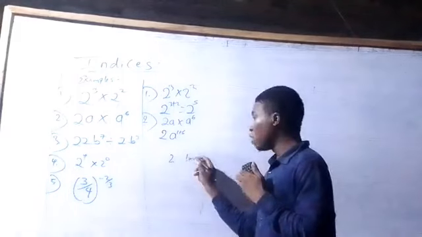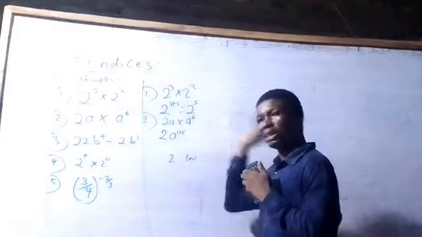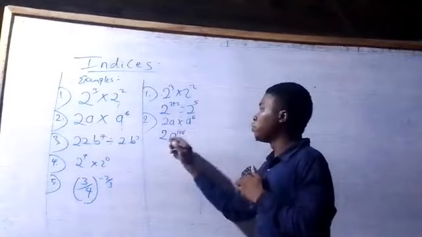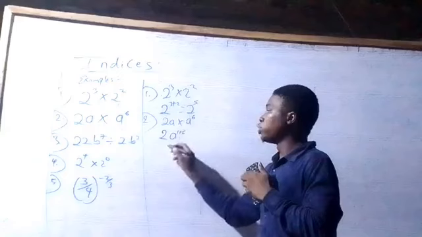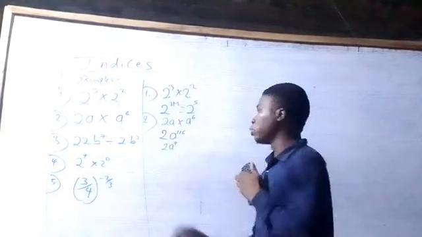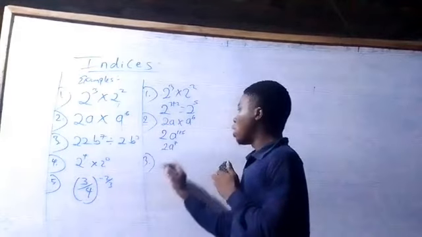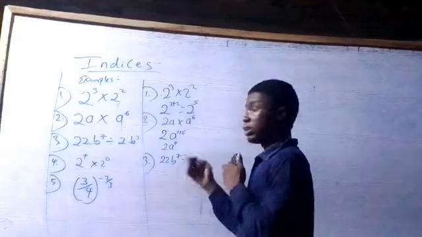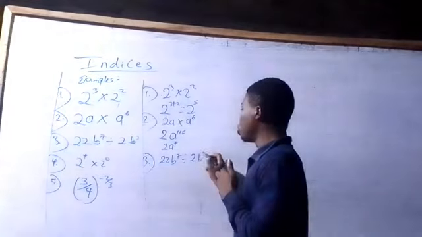If you see 100 that does not have power, it's raised power 1, because n raised power 1 is the same thing. That's what I was trying to explain in the law that I said was not necessary. So we have 2a, 1 plus 6, so 2a raised to power what? 7.